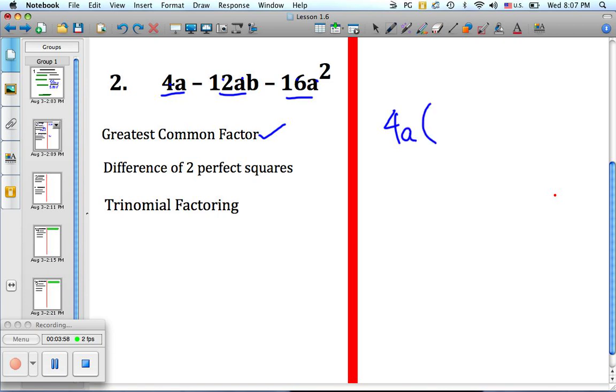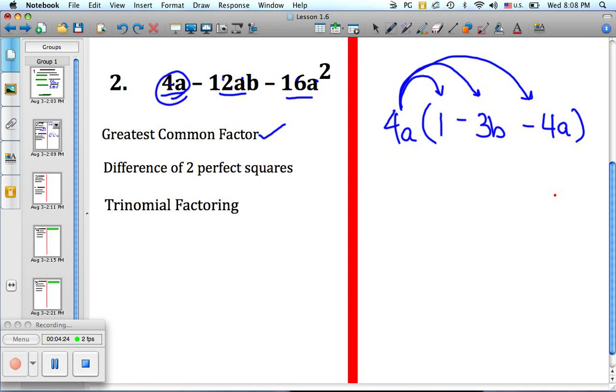When I write what's left over after I pull out the 4a, careful, there's a 1 here, minus 3b minus 4a. This 1 is often what students forget, because remember, you have to be able to distribute and return the original problem. If I didn't have a 1 there, this 4a would disappear.